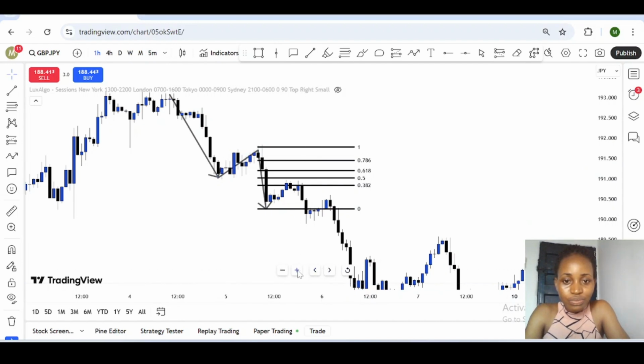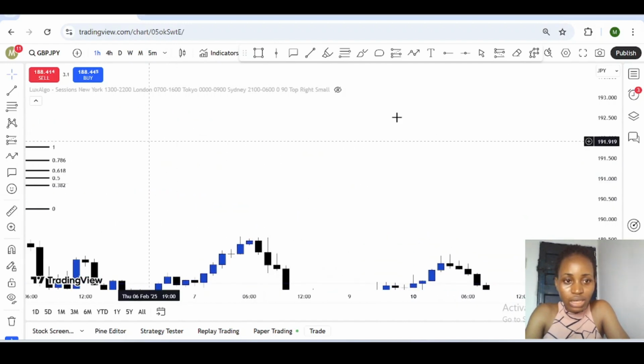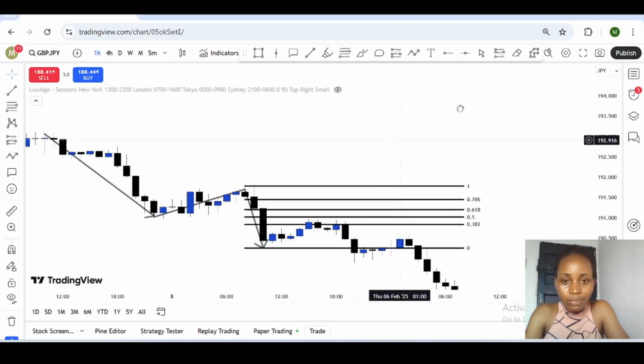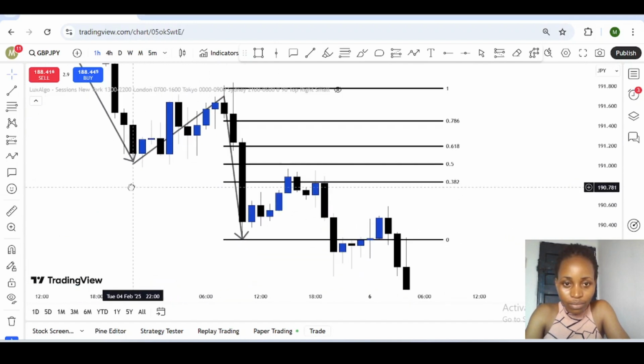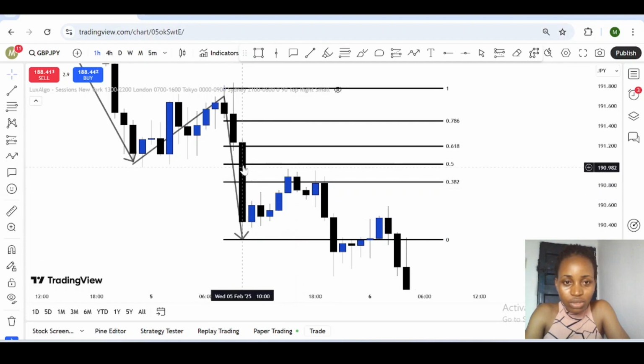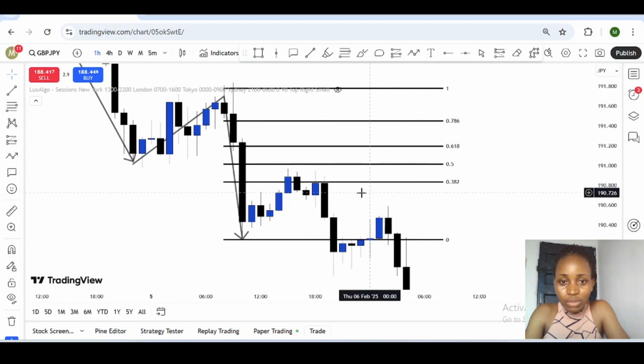Now let me zoom in a little so you can see it clearly. You can see here that this is just a shallow retracement tapping into half of this imbalance here, or we can call it consequent encroachment, tapping into half of this and respecting the 38% level before the next push to the downside.